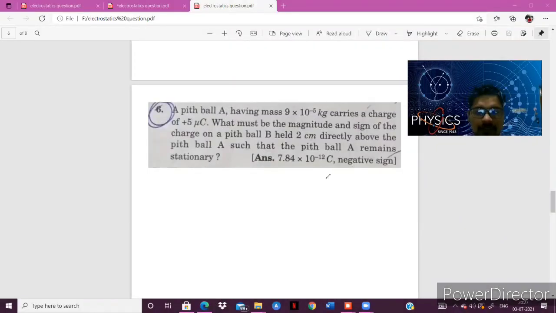What must be the magnitude and sign of the charge on a pith ball B held 2 centimeter directly above the pith ball A? In equilibrium, force F equal to mg, and this is equal to the Coulomb force, 1 by 4 pi epsilon 0 q1 q2 by r square.